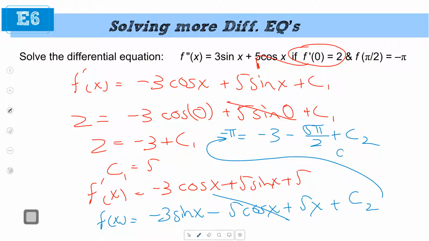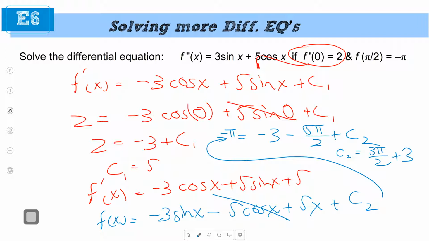Wow, this is ugly. C2 is then equal to, add that to the other side, that's 5 pi over 2 added to the other side, would be negative 2 pi over 2. So 5 pi over 2 minus 2 pi over 2 would be 3 pi over 2 plus 3.